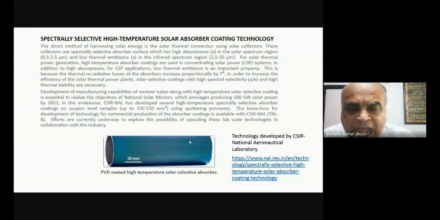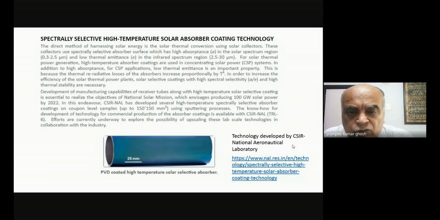And in our country, the National Aeronautical Laboratory, which is a CSIR lab in Bangalore, had actually developed the best solar selective coatings in our country. Of course, what they did was not really for very high temperature applications, but for things like the solar energy based water geysers you would have seen, where you're talking about temperatures of maybe 100, 150 degrees, not more than that.